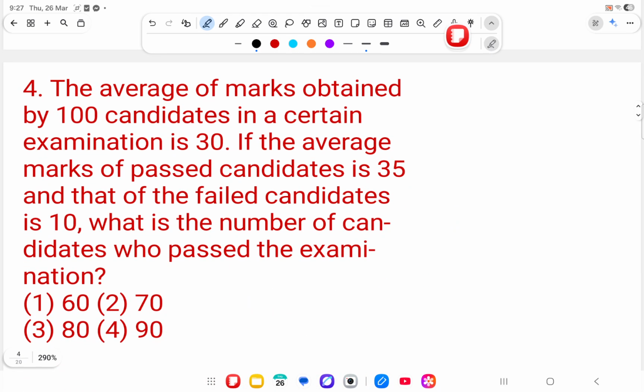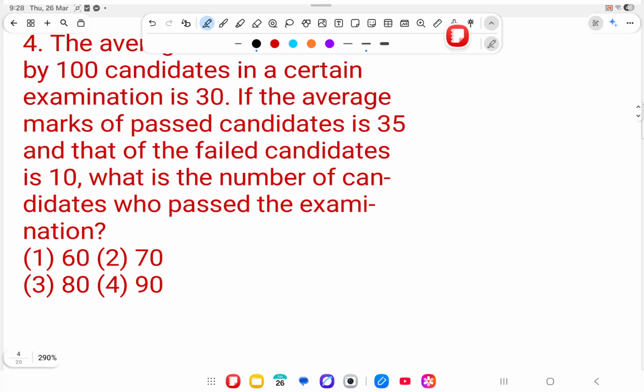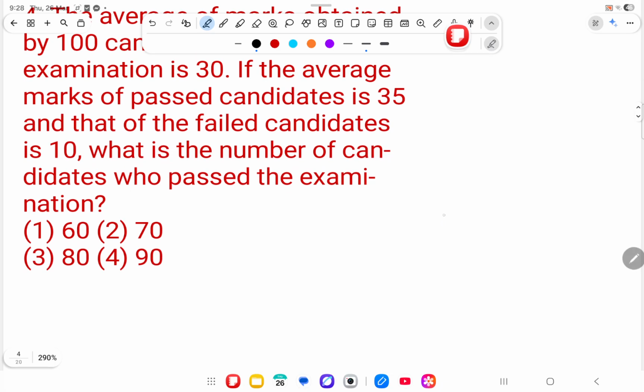Now next, the average of marks obtained by 100 candidates in a center examination is 30. 100 candidates, average is 30, means 100 into 30, 3000 marks.